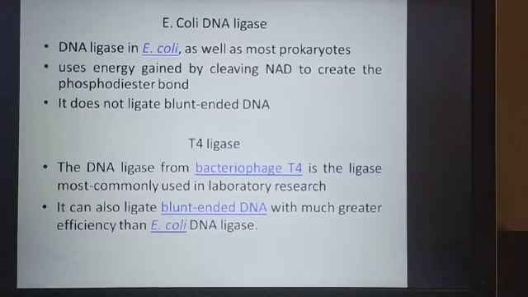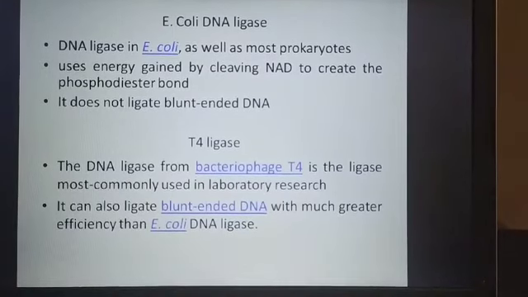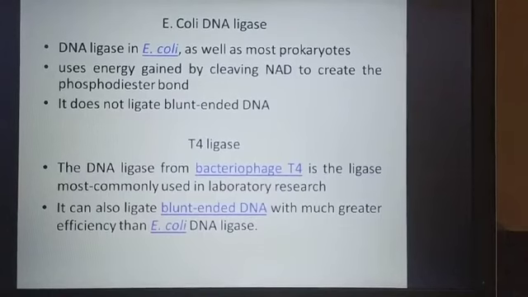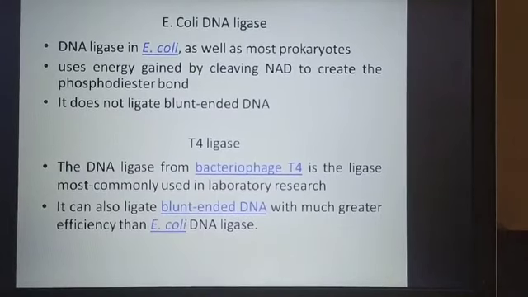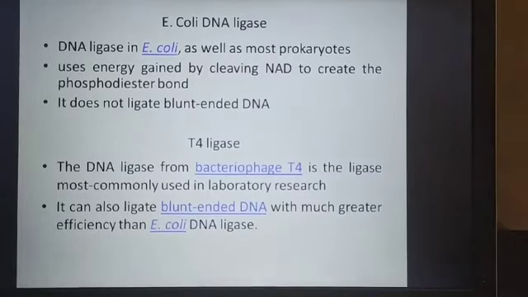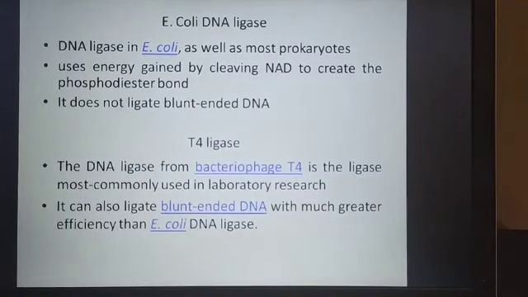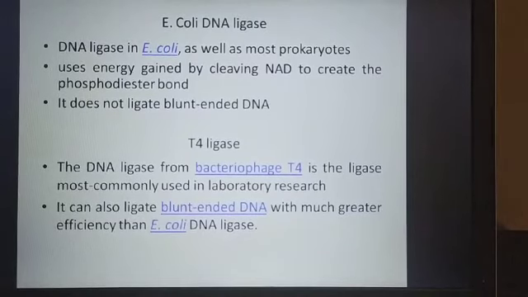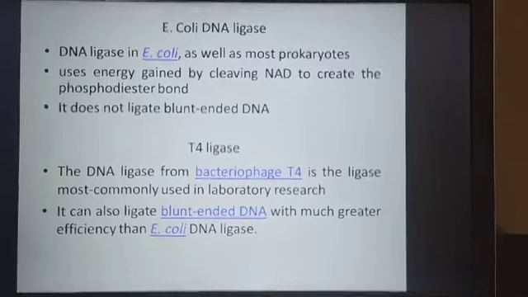But there is one drawback: it cannot ligate blunt-ended DNA. It can only ligate sticky-ended DNA molecules. Whereas T4 DNA ligase is a more commonly used tool in recombinant DNA technology. It is obtained from bacteriophage T4, and it is most commonly used because it can also ligate blunt-ended DNA with much greater efficiency than the E. coli DNA ligase.